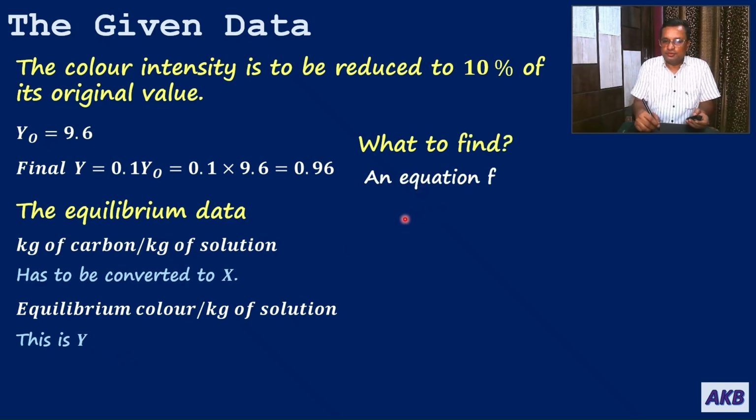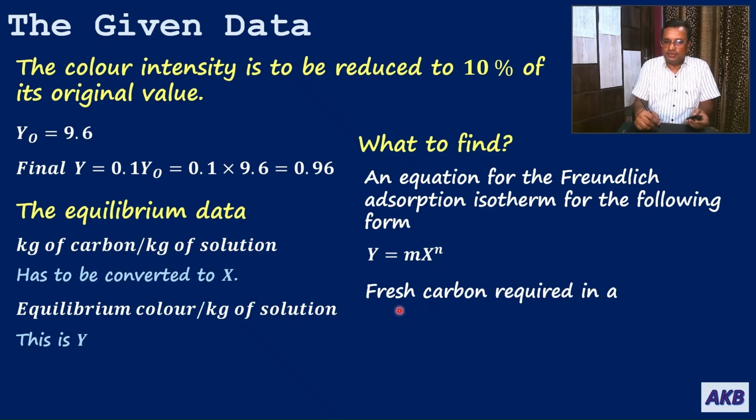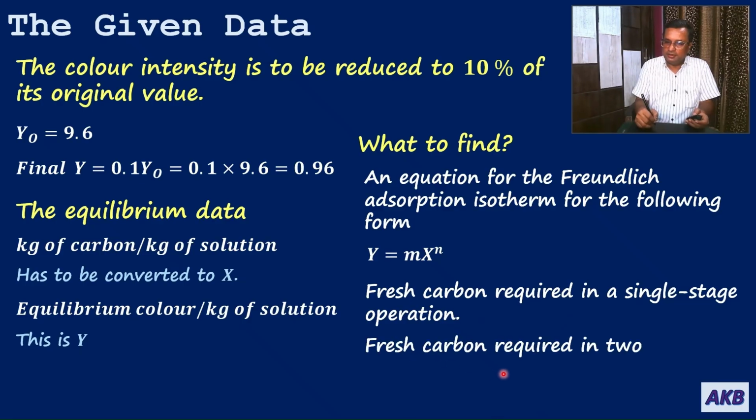What are we supposed to find? First, we are supposed to get an equation for the Freundlich adsorption isotherm, which is of the following form. Capital Y is equal to m into capital X raised to n. And then we are supposed to get fresh carbon required in a single stage operation. Then fresh carbon required in a two-stage cross current operation.